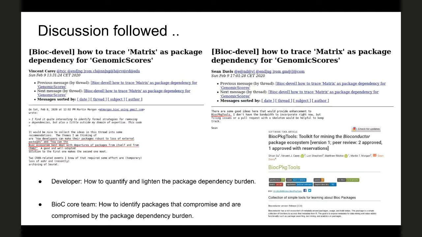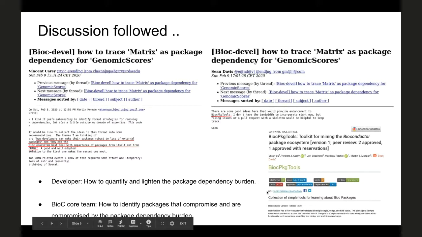Then Sean Davis mentioned the BiocPkgTools package, which was also described in a paper in the F1000Research journal, and currently has an error, doesn't build, but I looked at it and it has several functions to examine the Bioconductor build and dependencies and so on.